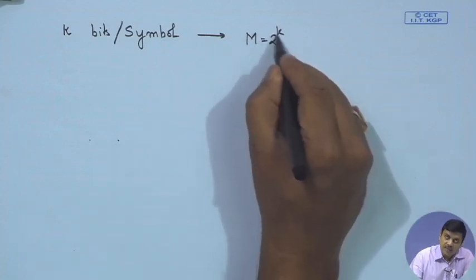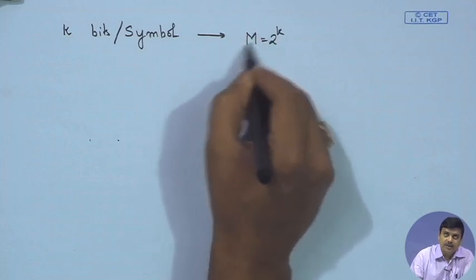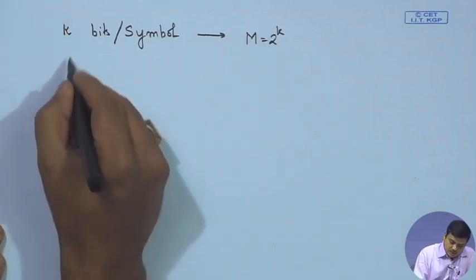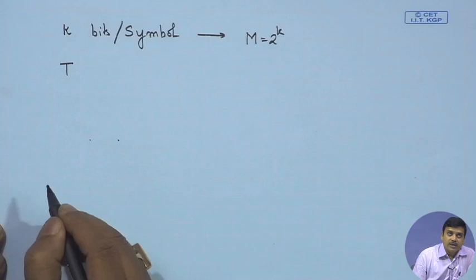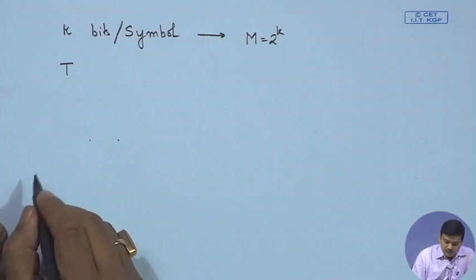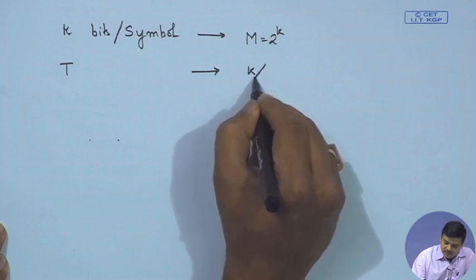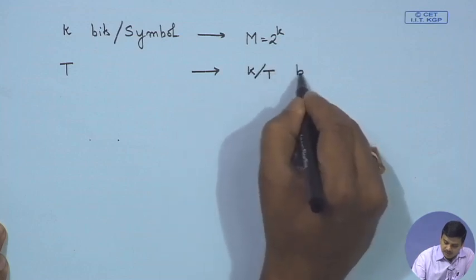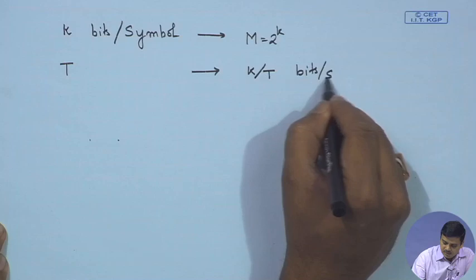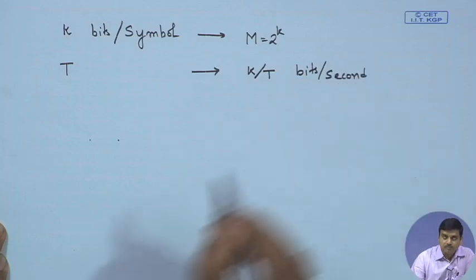So, as k increases, we have seen that M increases. We stated that if T is the symbol duration, the number of bits sent per second is k upon T.